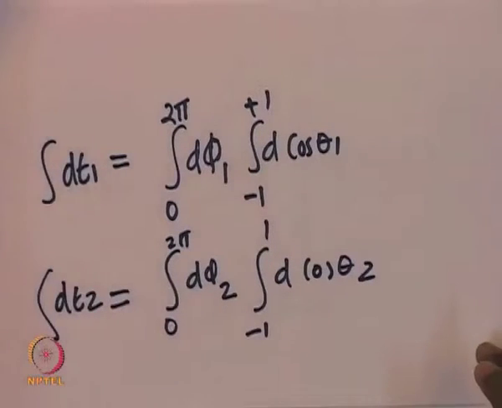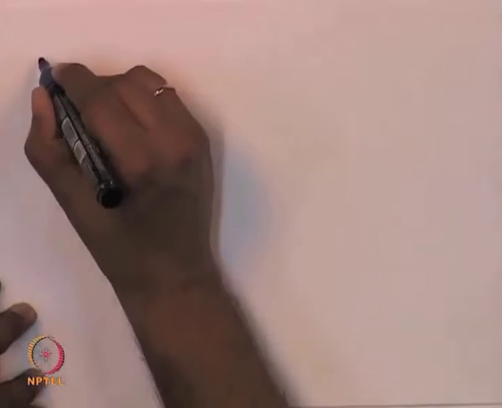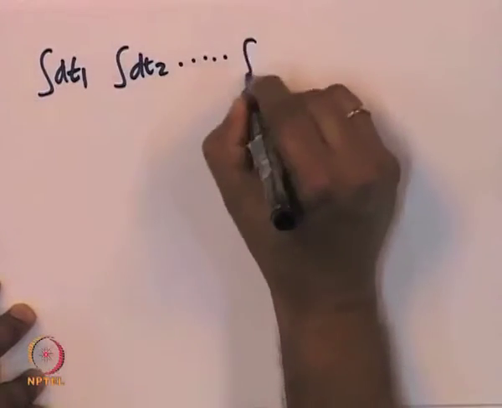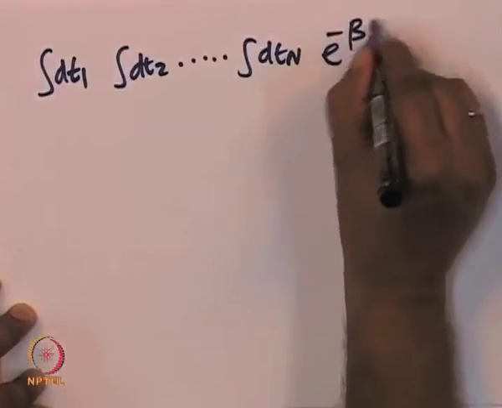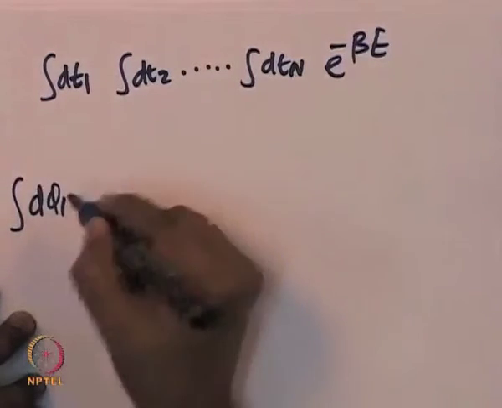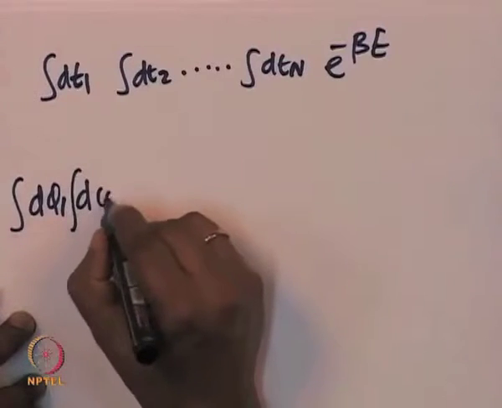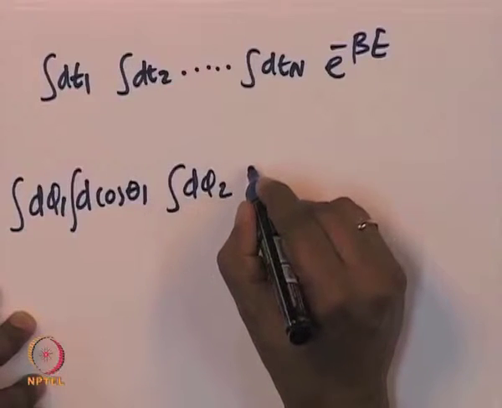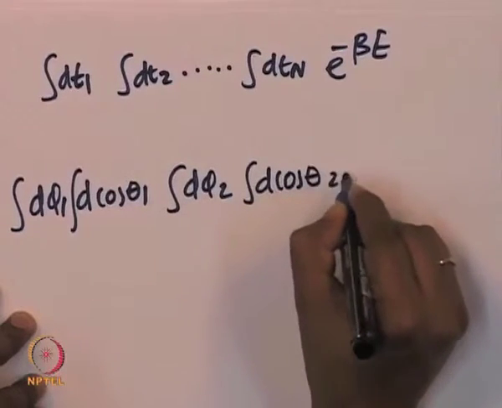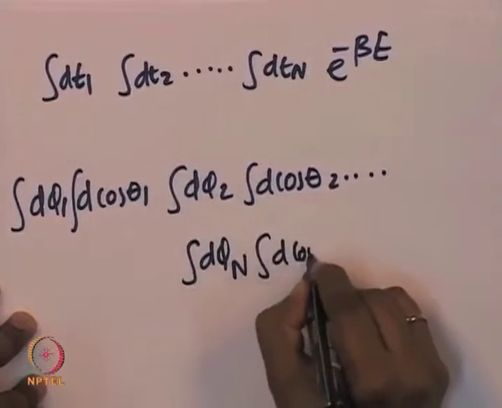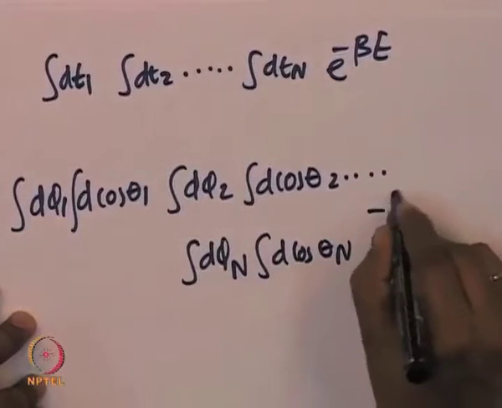Essentially the partition function will turn out to be integral dt1, integral dt2, so on and so forth, integral dtn e power minus beta E, where this is the bending energy, and this can be written as integral d phi 1, integral d cos theta 1, integral d phi 2, integral d cos theta 2, dot dot dot, integral d phi n, integral d cos theta n, e power minus beta E b.